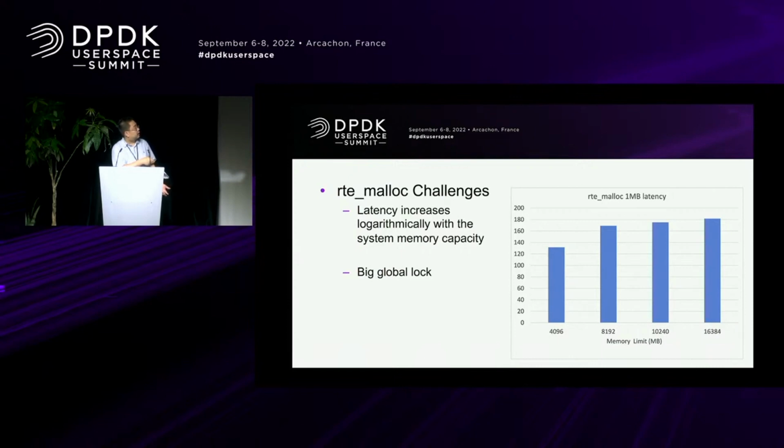The second part is the heap scope lock. If you dig into the Malloc code, it's very easy to figure out that the spin lock covers quite a big scope. Basically, that scope covers each heap, and each heap basically means each socket, right? So that's quite a big scope.